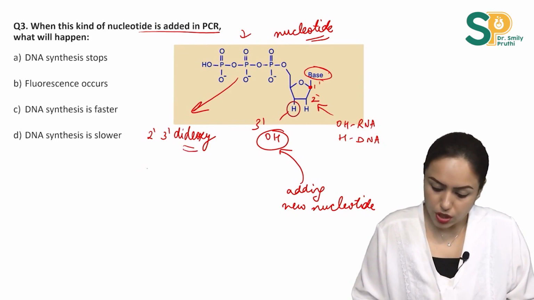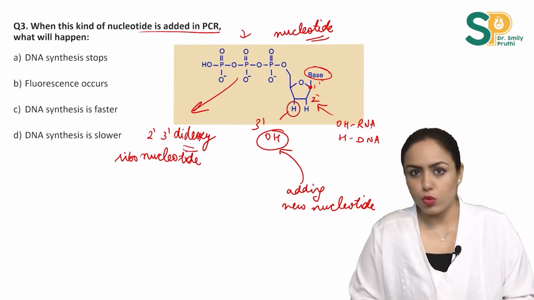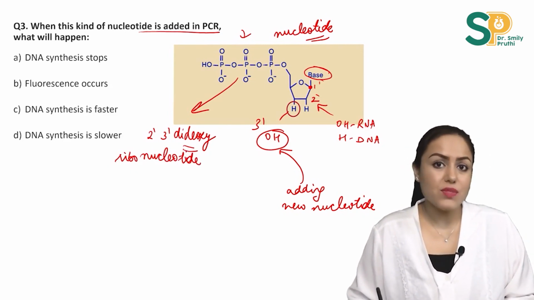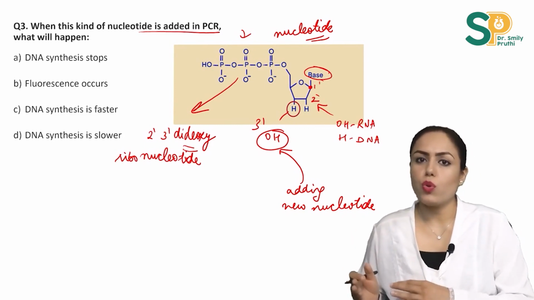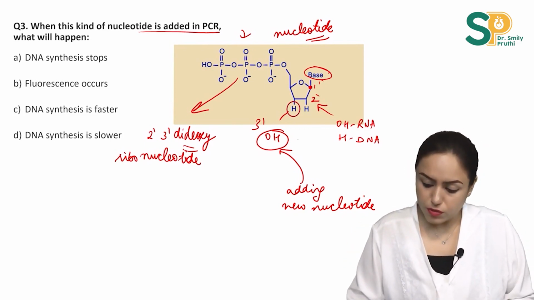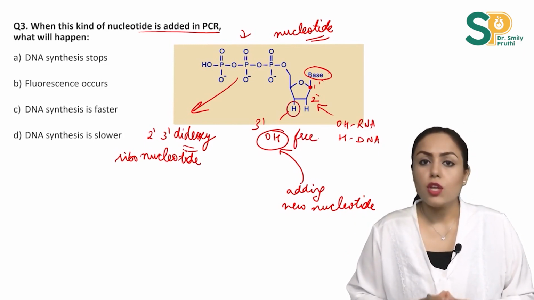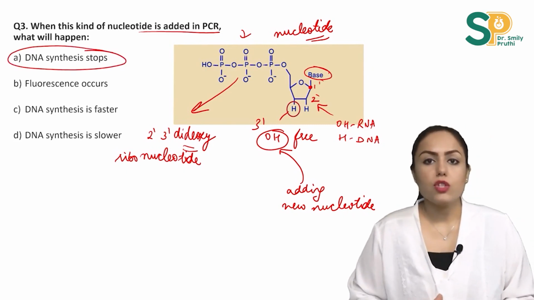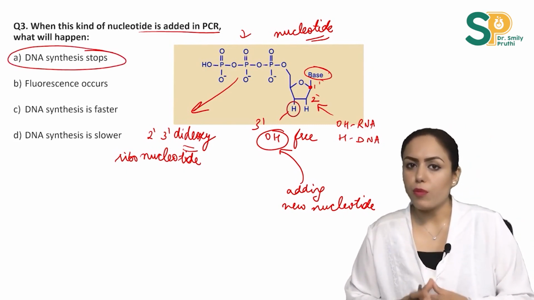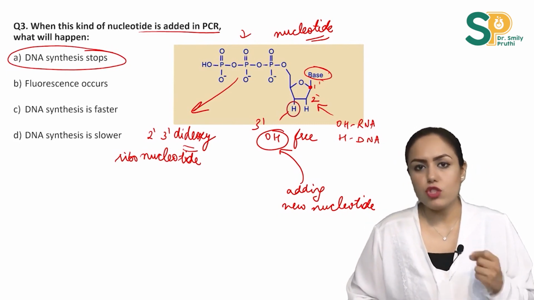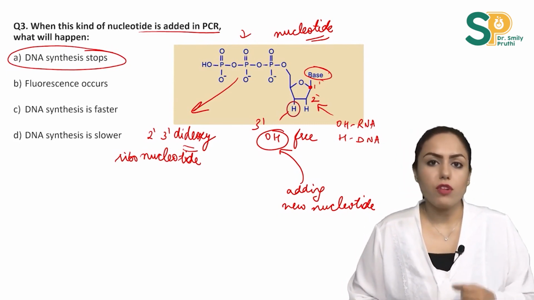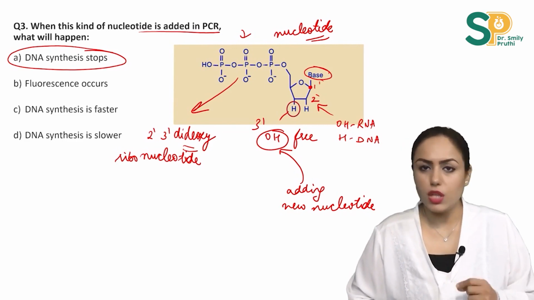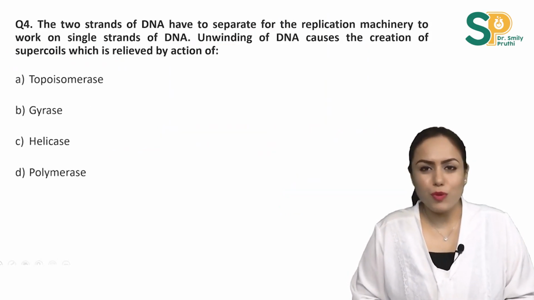So, this is a 2', 3' di-deoxy ribonucleotide, right? Now, when this is present, then next nucleotide cannot be added because this free OH group is not present. So, in PCR, at this point, DNA synthesis will stop, okay? So, from this question, you have learned that dideoxy will stop DNA synthesis and you have learned the structure of this dideoxy nucleotide, right?